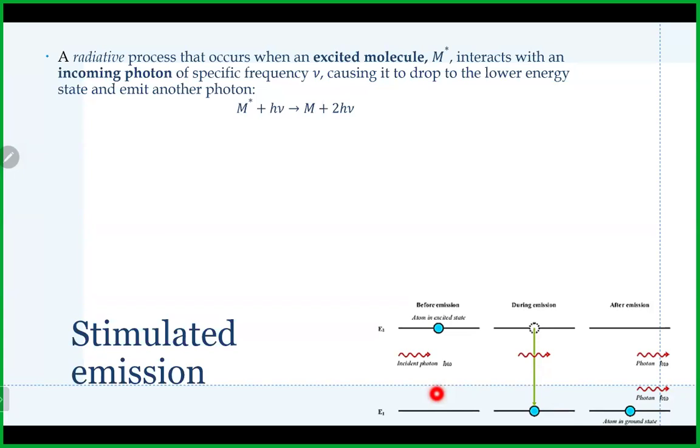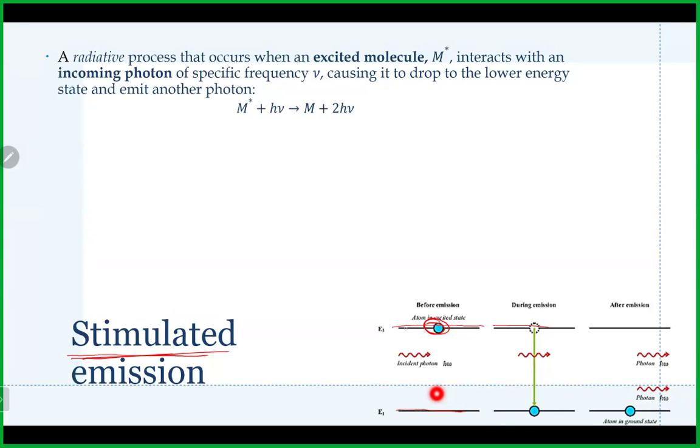So it is a process that occurs when an excited molecule is, let's emphasize stimulated. So your molecule is already in an excited state. Our energy levels are represented by lines again. That's not what molecules look like, but that's the conceptual way that we can see it. The process occurs when an excited molecule, M star, interacts with an incoming photon of a specific frequency and makes it go to a lower energy state, emitting another photon in the process.